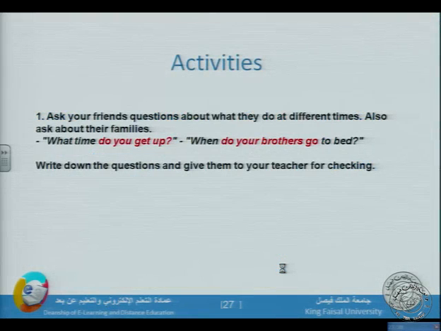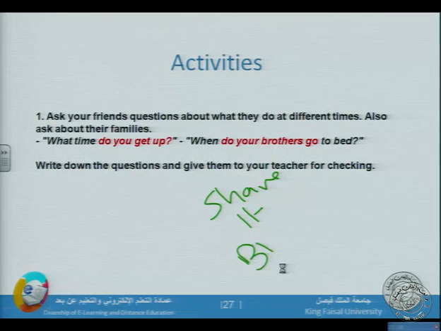And here we have some activities for you. I want you to ask your friends questions about what they do at different times in their daily customs. What are their habits or hobbies? Just ask questions like, what time do you get up? When do your brothers go to bed? And I want you to write them down and please share it with us on Blackboard forums.